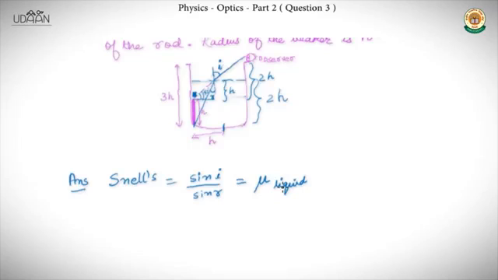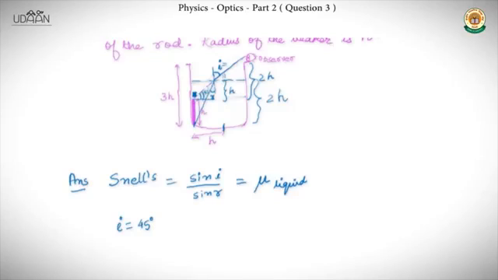Now we could see that this angle is 45 degree. So by simple geometry we could see that I is equals to 45 degree. Like this is 45, this should also be 45, then 90 minus 45, I is also 45.